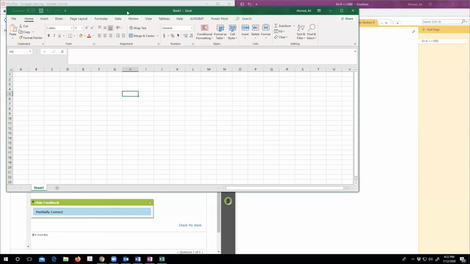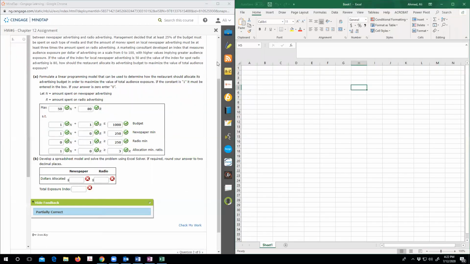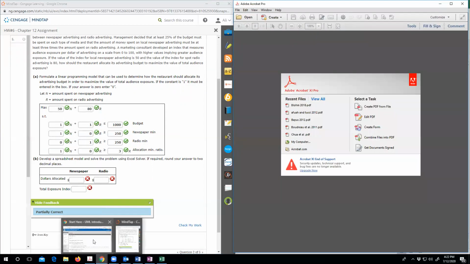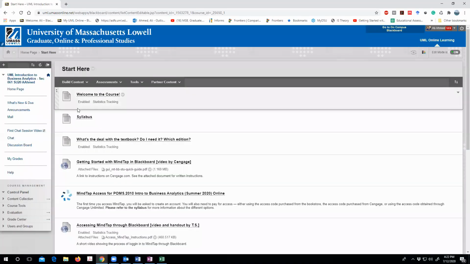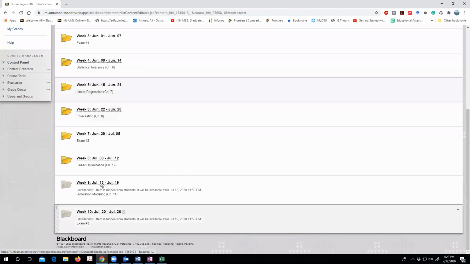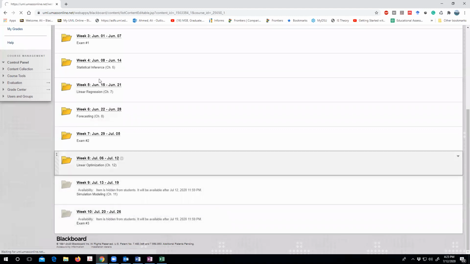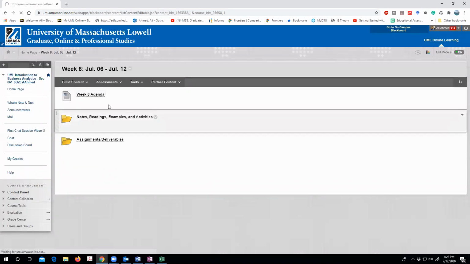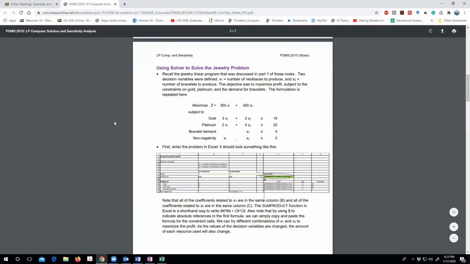All right, so in Excel, let's also open the example we have. So this is our Excel example.